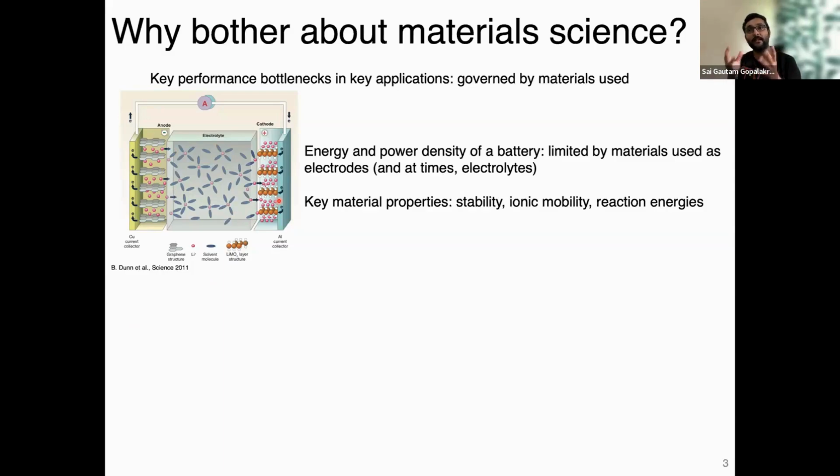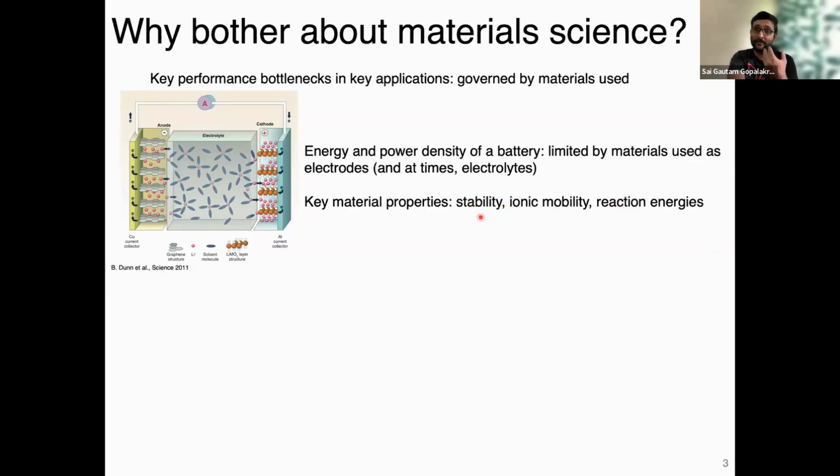If you think about energy density, that generally comes from voltages. So if you can store electrons at a higher voltage within a battery, you can typically store more energy in a battery. And those voltages are directly proportional to reaction energies, so reactions that are happening within your battery system. So those are key material properties as well.